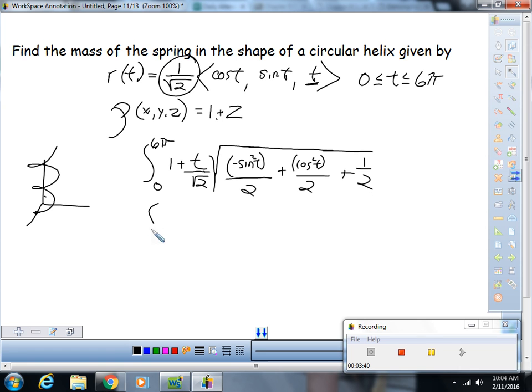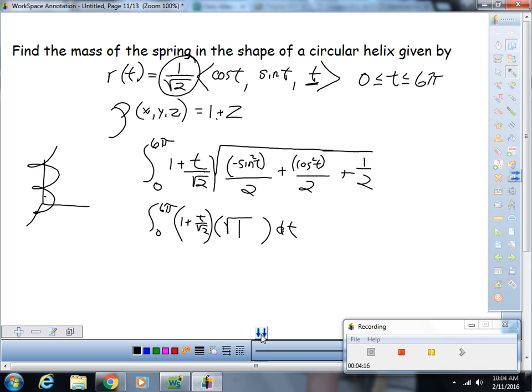So it's 0 to 6 pi of 1 plus t over radical 2 times, well, we got sine squared plus cosine squared is 1. So 1/2 plus 1/2. Sure. If that's what you want. You got it. Okay?